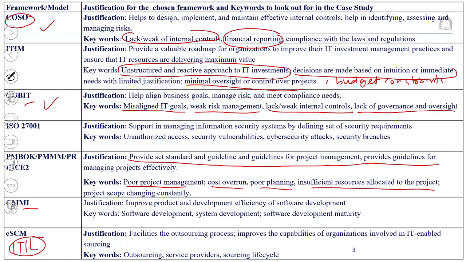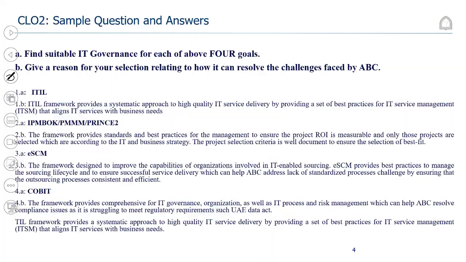Some of the keywords you could see in your case study would be things to do with software development, system development, software development maturity. If you see those keywords, then think about CMMI. And ECM, the main thing you'll see there is things like outsourcing. Having looked at that, let's now look at this so that we go very quickly.